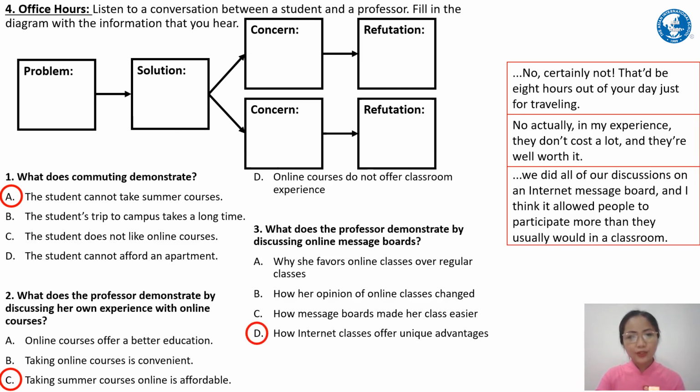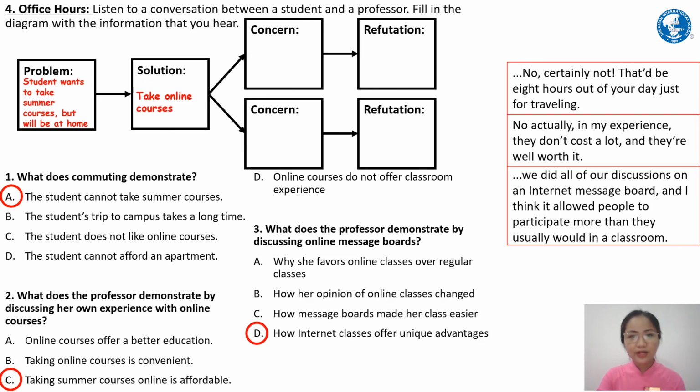Now, I need you to look at the diagram. So what is the problem here? The problem is that the student wants to take summer courses but will be at home. So the solution to this problem is to take online courses. But this solution has two concerns.